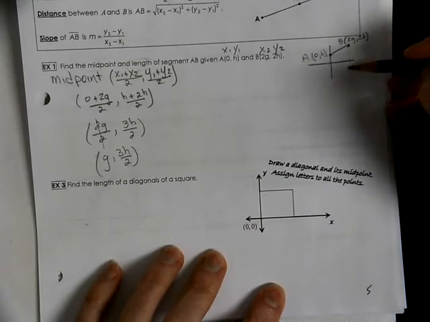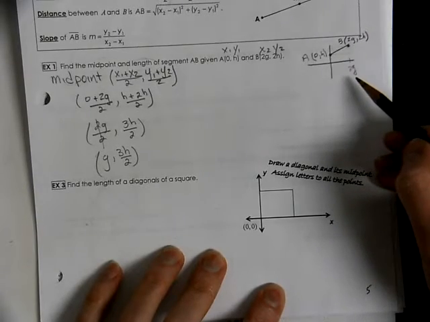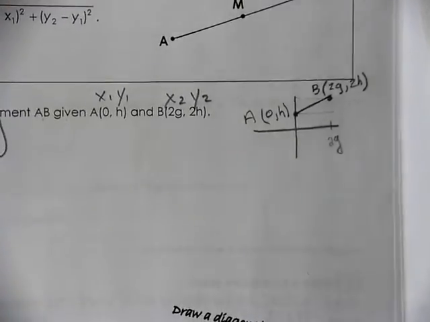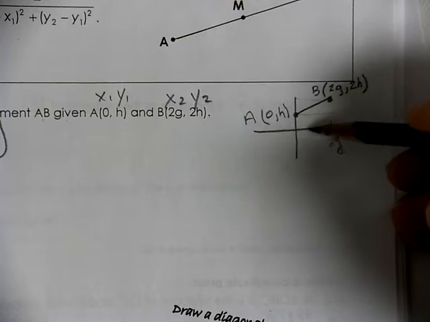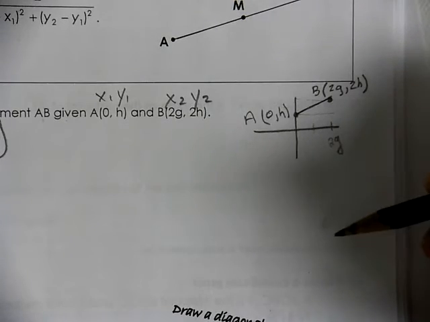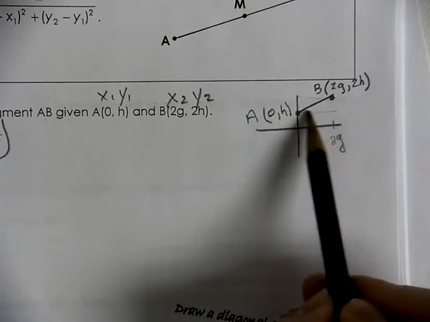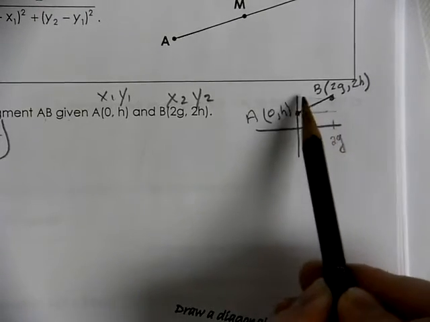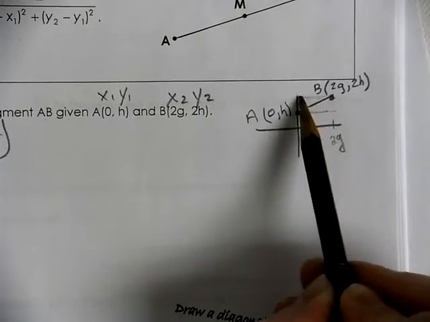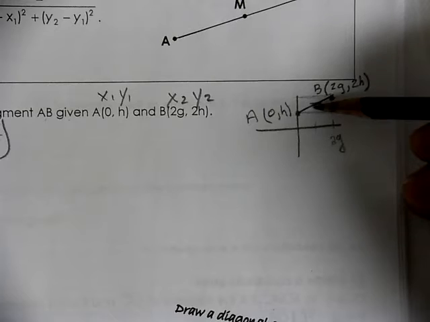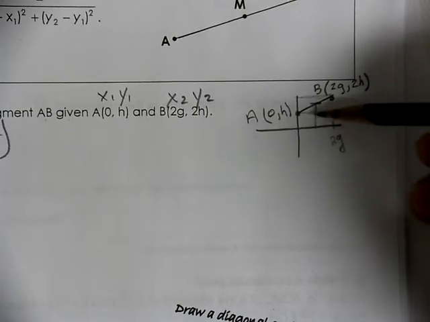So let's come on over. If this here was 2g, and we're supposed to come over 1g, this is a height of h, this is a height of 2h. 1.5h would be right in the middle.